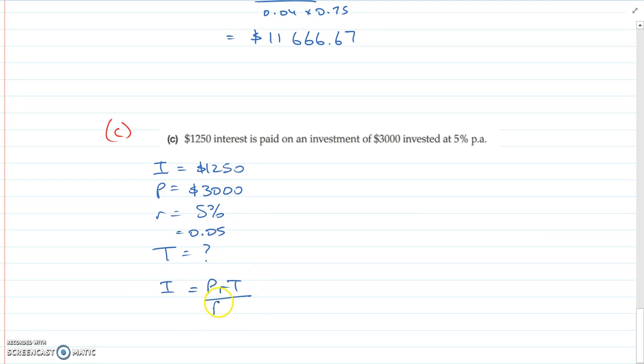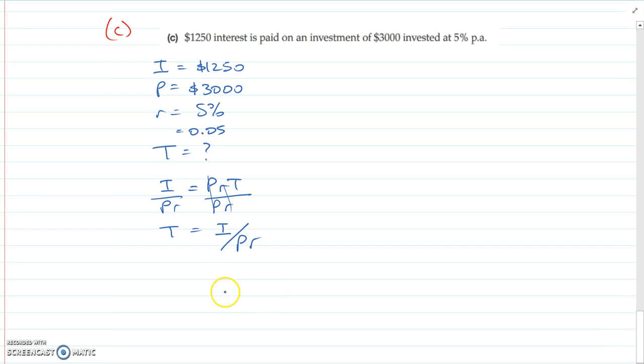We want T by itself, so divide by P and divide by R. And T equals I over PR, which equals 12.50 divided by 3,000 times 0.05.